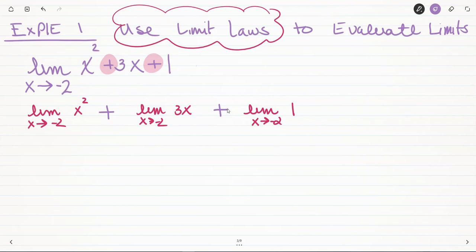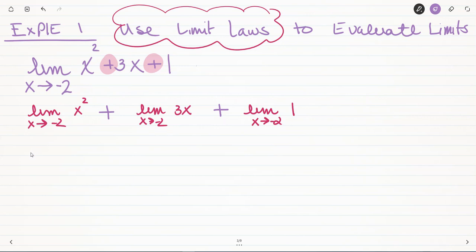So do you see what we've done? All we've done is rewritten this as the sum of 3 different limits. The limit of a sum is the sum of the limits. And then next, to really break this limit down, we're going to apply another limit law, which is the power rule. So the limit of a power is the power of the limit.